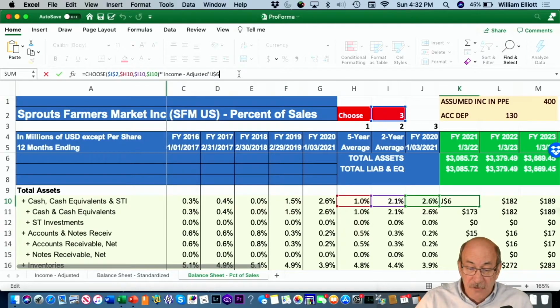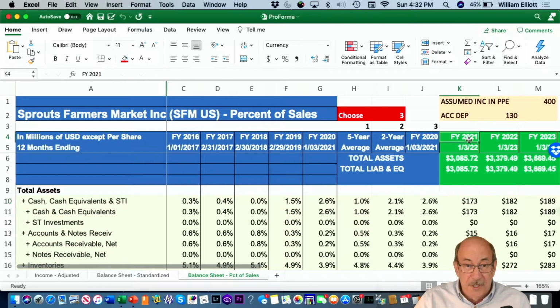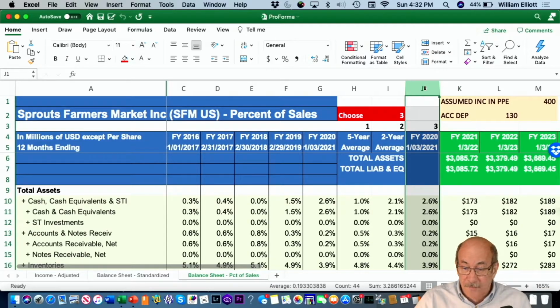What I'm using it for is choosing either to use column H, I, or J as my percentage. So for instance, when I'm calculating what my cash balance is for 2021, I'm using this CHOOSE function, and I'm using the third column, which is in this case J.